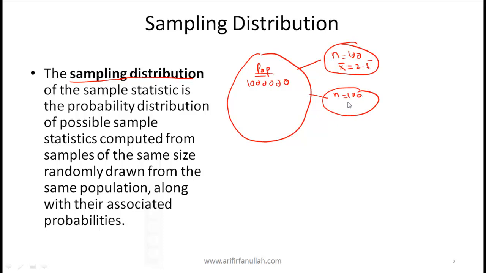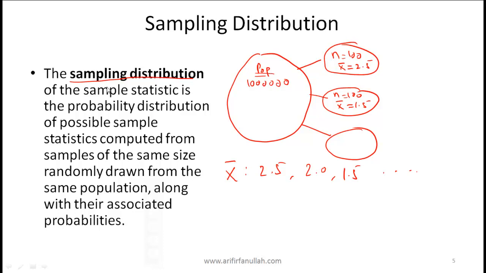This is your second sample. This might have a sample mean of 1.5, and you keep doing this. So draw several samples. What you will notice is there is a certain distribution for the sample mean. So you will have numbers like 2.5, 2.0, 1.5, etc. So clearly there is a distribution of the sample means.